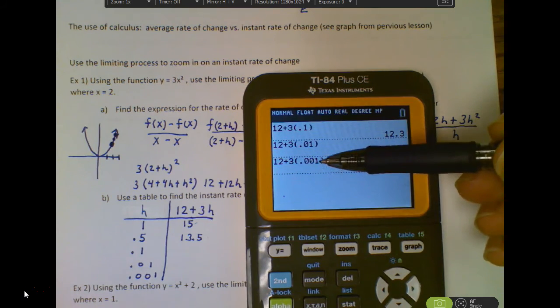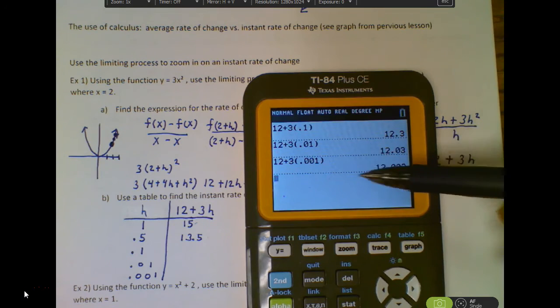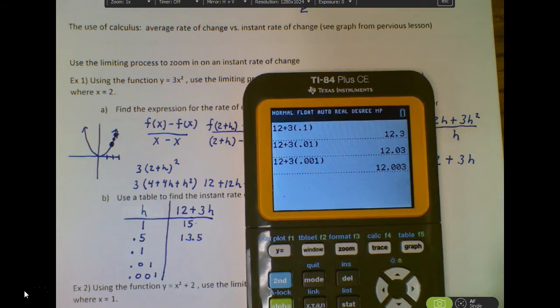As h gets smaller and smaller and smaller, or in other words, as h approaches 0, what do the results become? And you can see by these numbers, I am getting closer and closer to 12 the smaller h gets.